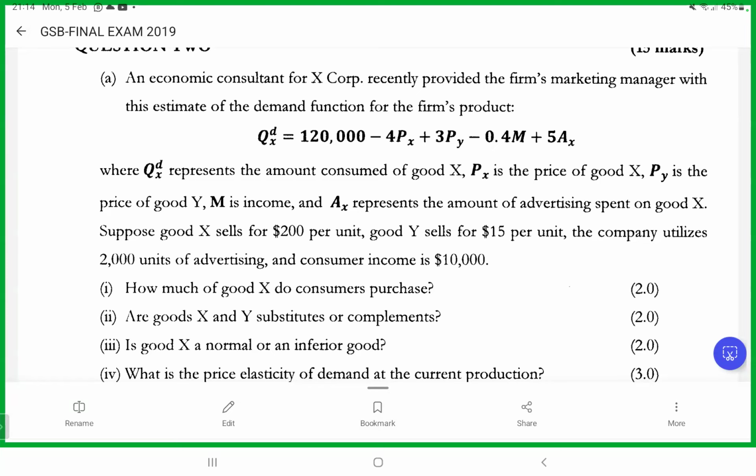An economic consultant for X Corp recently provided the firm's marketing manager with this estimate of the demand function for the firm's product.